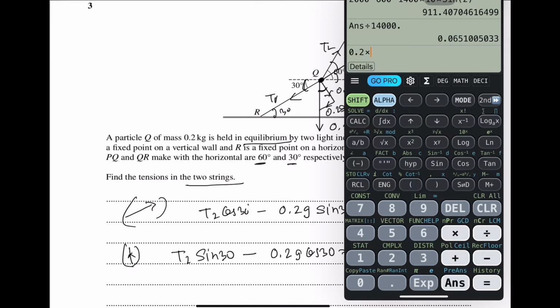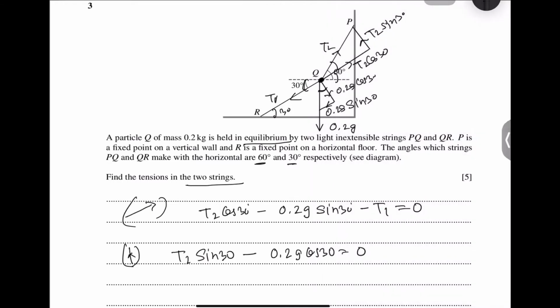0.2 into 10 into cos 30 divided by sin 30. So T2 is 3.46 newtons.